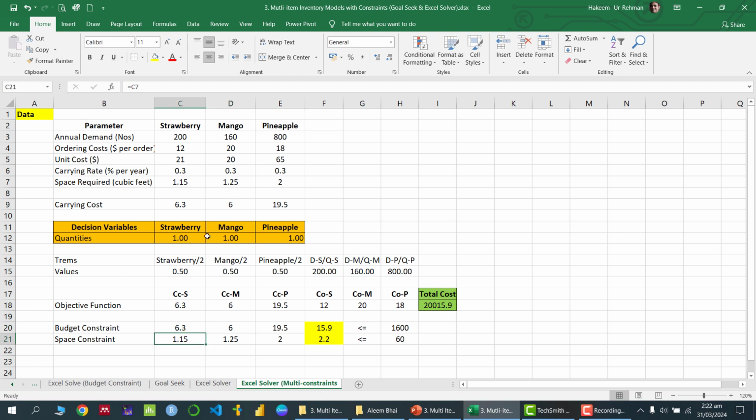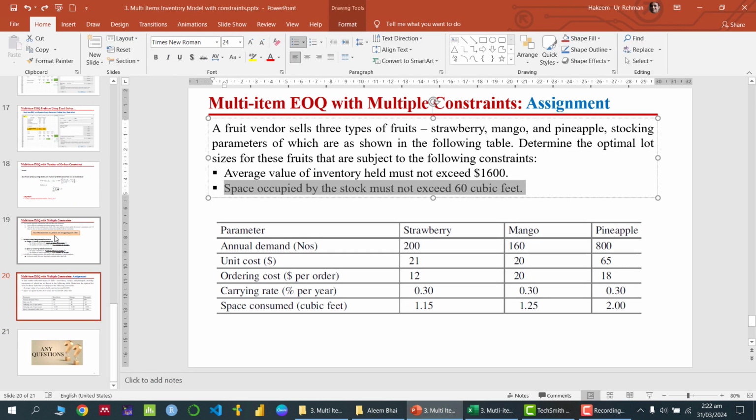And then the space required is equal to this one. In order to find the left-hand side, the total budget required is going to be equal to this multiplied by these values. That is our particular constraint.